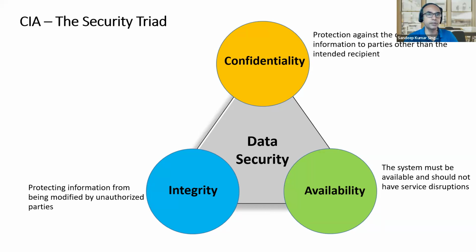So that's what ensures integrity is rightly in place. And if somebody is able to see all my data, my purchase history, my address, my mobile number, then confidentiality gets impacted. So confidentiality is all about viewing somebody else's data. Integrity is all about modifying somebody else's data. Availability is availability of the system. The system should work, the system should be functional.